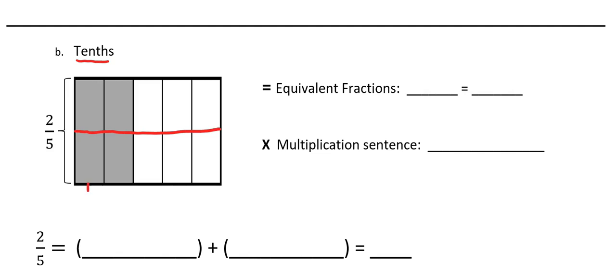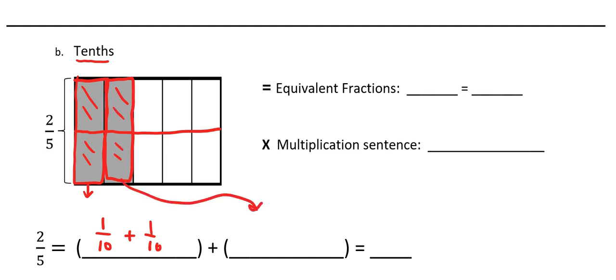I'm going to decompose each fifth. So I started off with 1/5. Now I have 2 pieces. Each piece is a tenth. So instead of 1/5, I'll say that I have 1/10 plus 1/10. I'll do the same thing for the next piece. It started off as a fifth. Now it's 2/10.